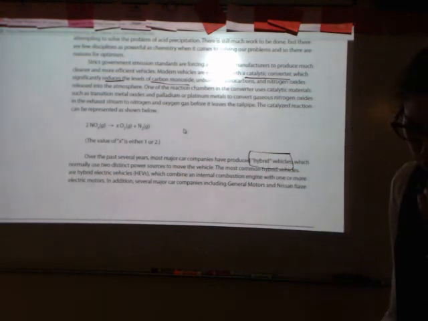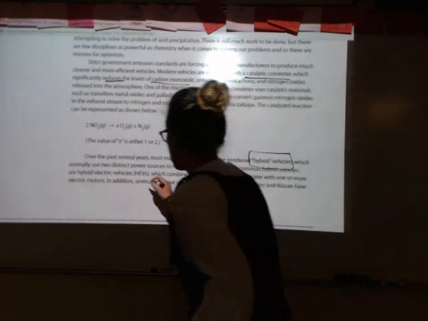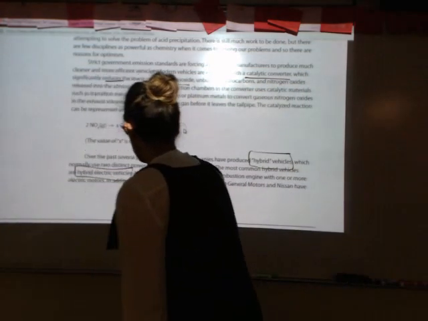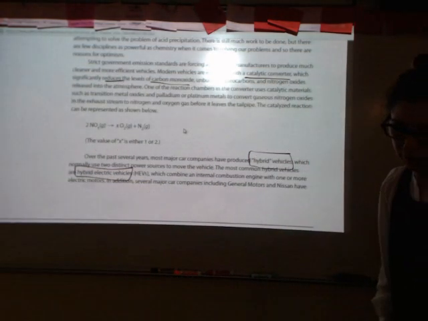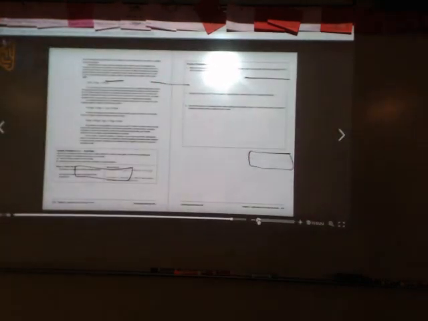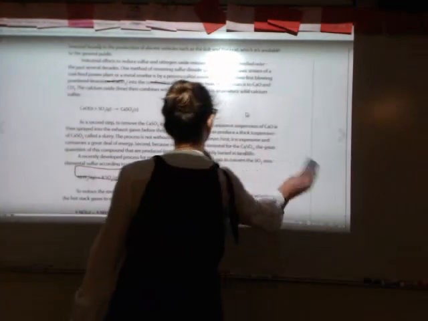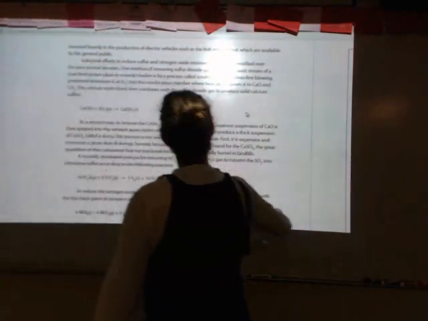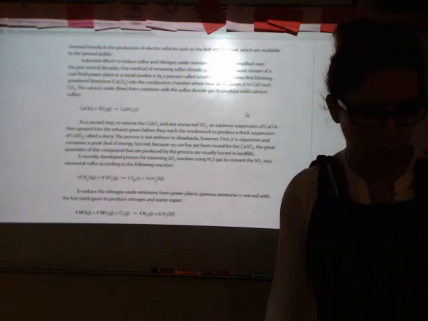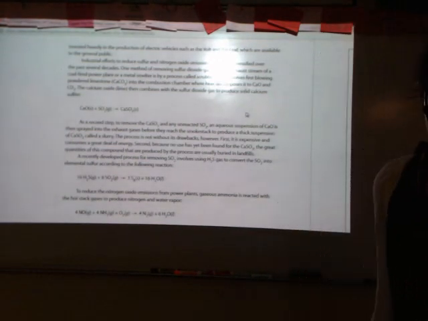They use two power sources. The most common would be a hybrid electric vehicle or an HEV, where they combine a combustion engine with an electric motor. If you turn the page, there are two electric vehicles. One is the Volt, another one is Leaf.